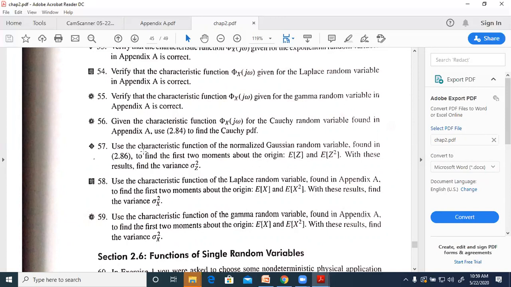Only this is a little different: given the characteristic function phi (j omega) for the Cauchy random variable found in appendix A, find the Cauchy's PDF. Okay, so this is what we have found.